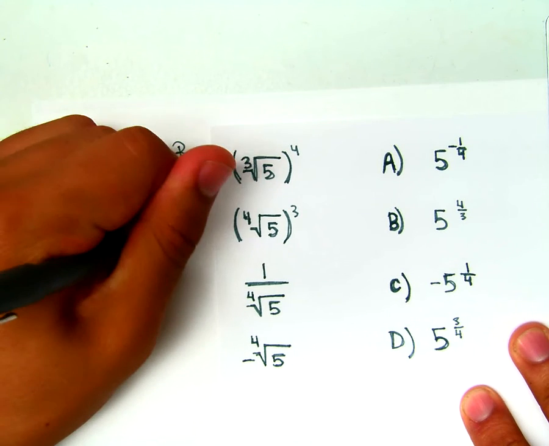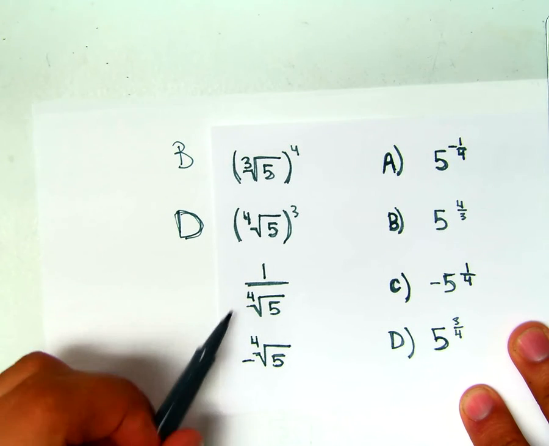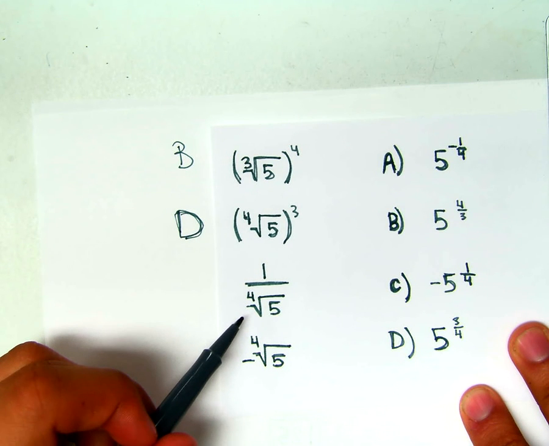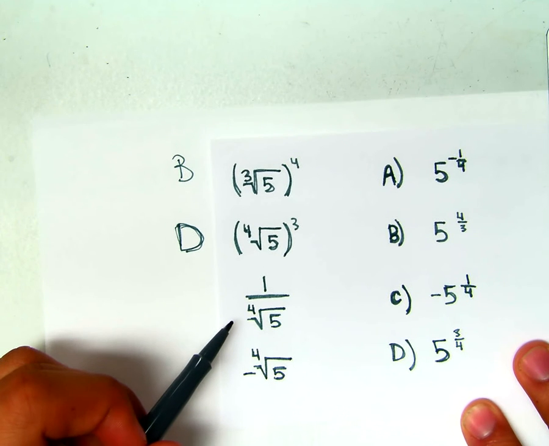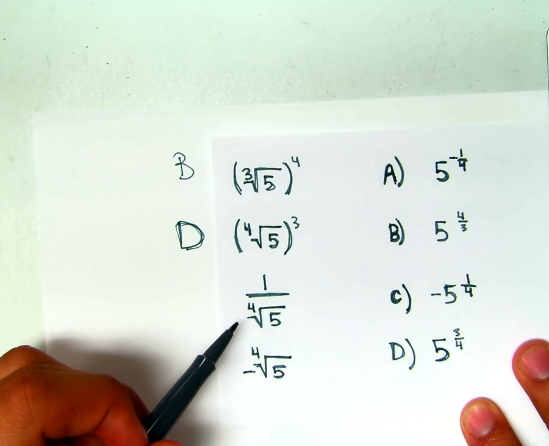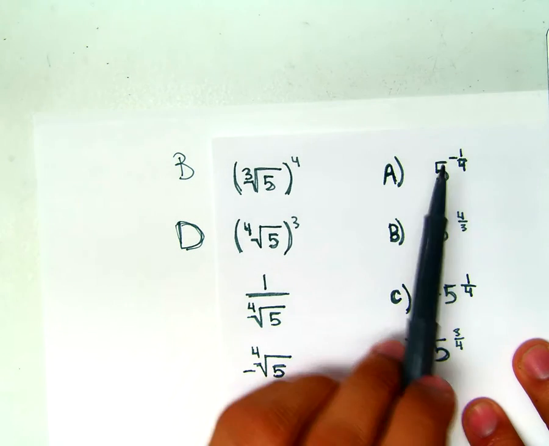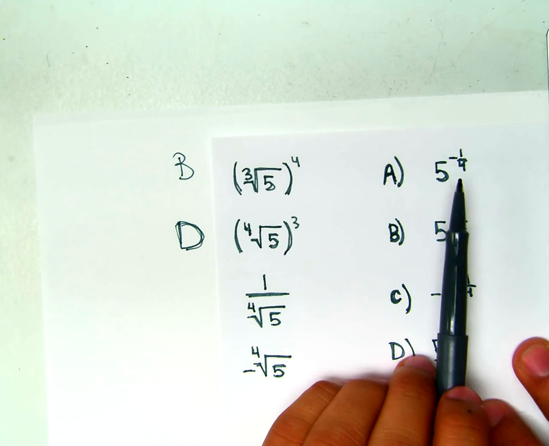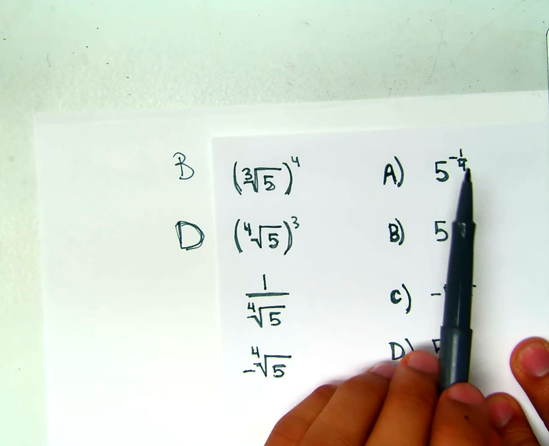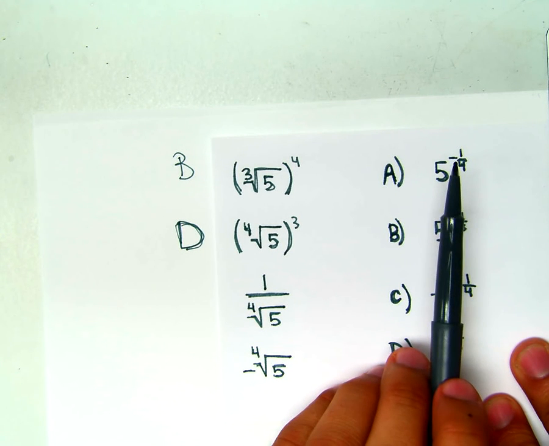Now, see if you guys can get this one. A. Why is it A? Very good. Okay, good job. Y'all are the first group that got it today. This negative sign tells us, if we remember, when we have a negative exponent, that we're doing the opposite operation.